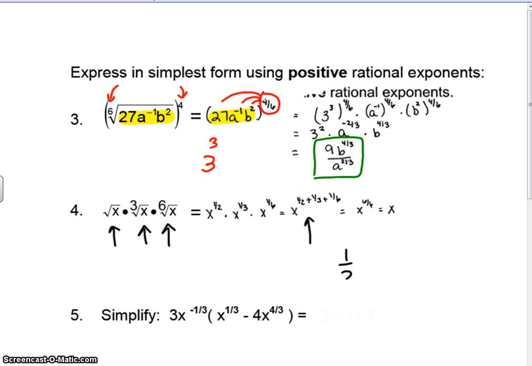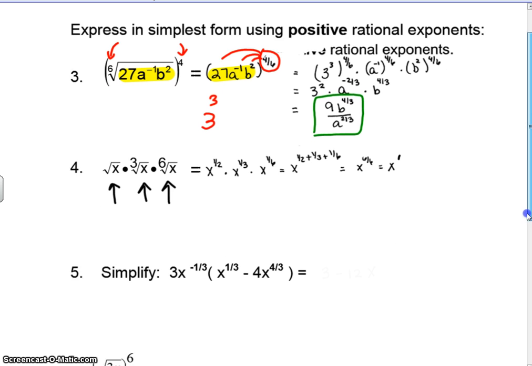Well, the common denominator is 6. So this is 3 out of 6. 1 out of 3 is equal to 2 out of 6. And 1 out of 6 is already in terms of 6. So 3 plus 2 plus 1 equals 6. And of course 6/6 is equal to 1. So x to the first power is what they did there.